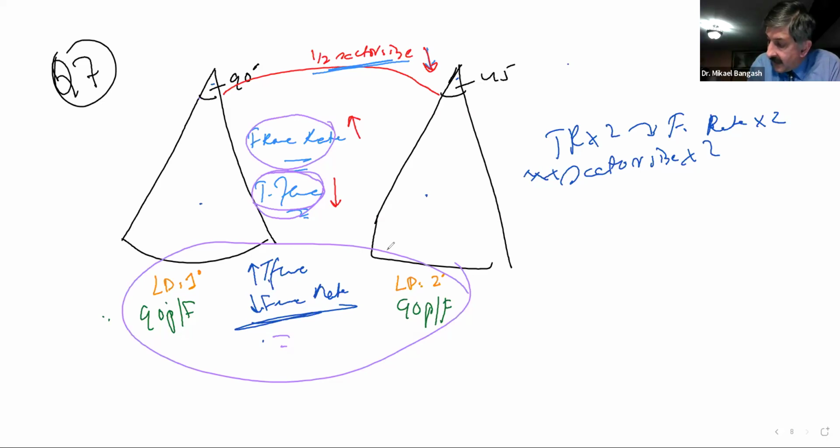The imaging depth was halved. This one is about 10 centimeters and it becomes 5 centimeters. The image depth is halved.